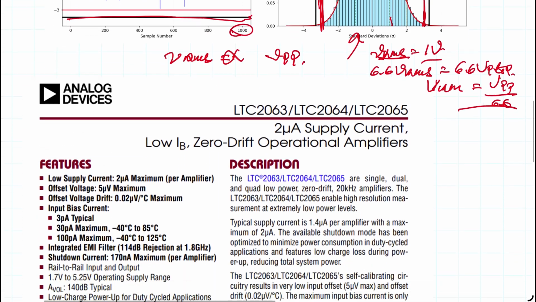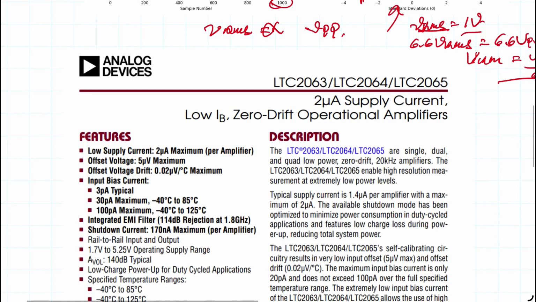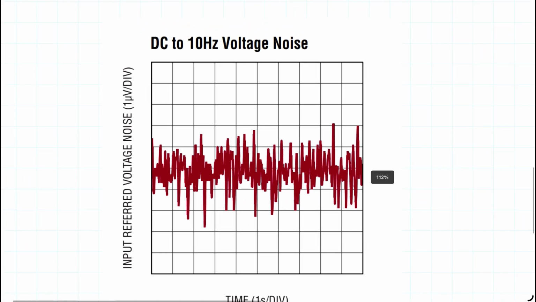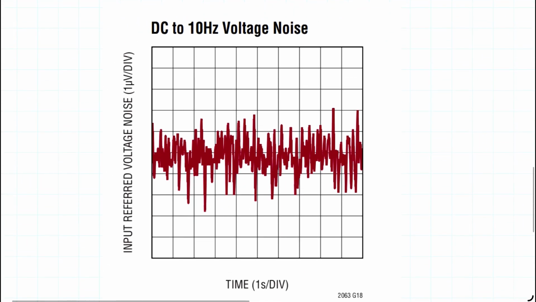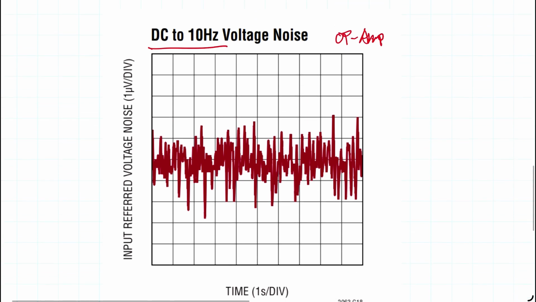Let's look at a real-life example. Here, I'm looking at a very precision op-amp from Analog Devices, the LTC2063. You can see the voltage noise of this op amp, and this is between DC and 10 hertz. It's very important.